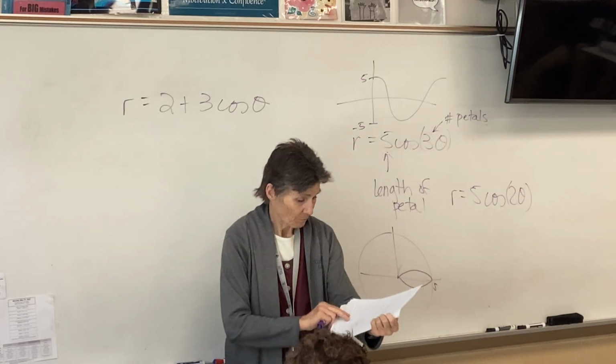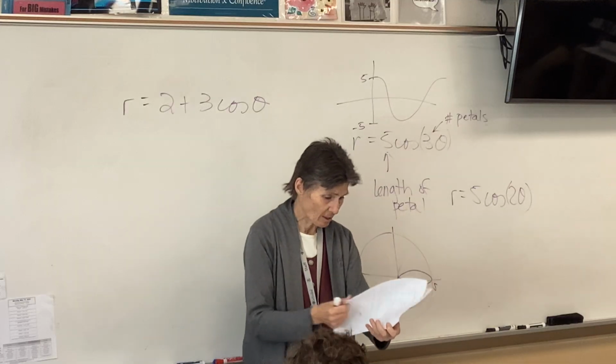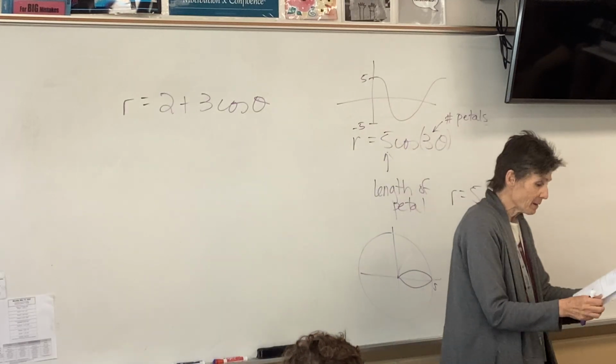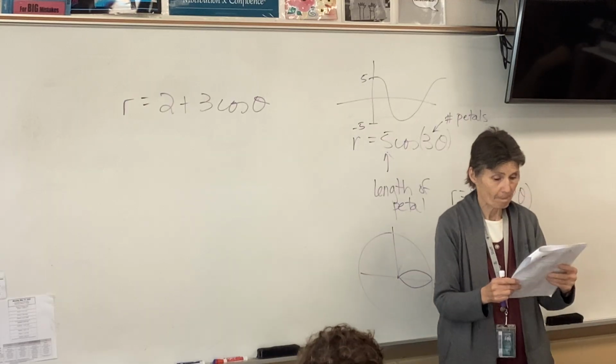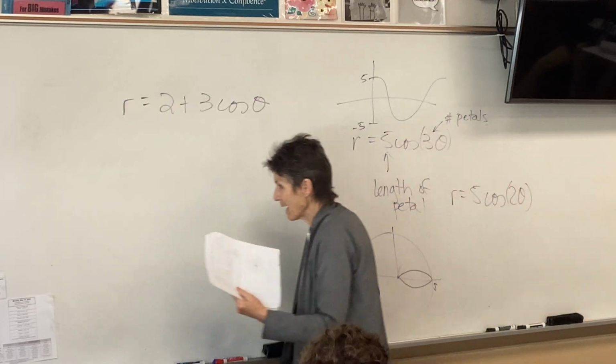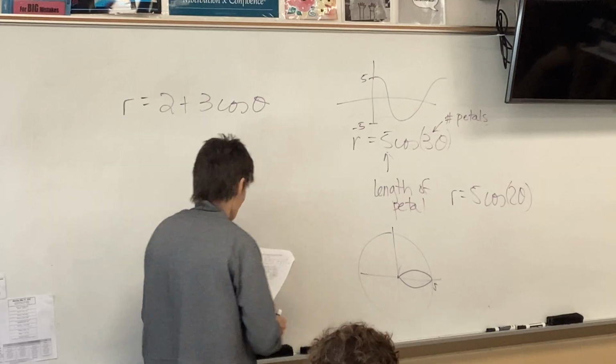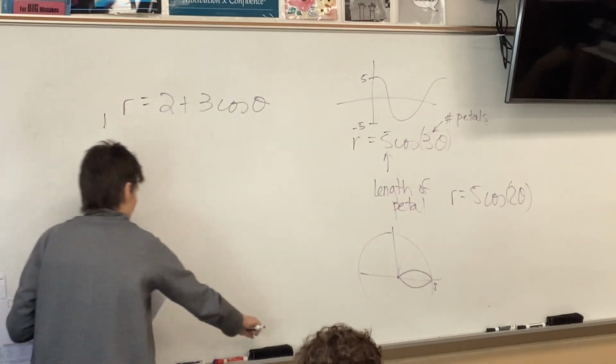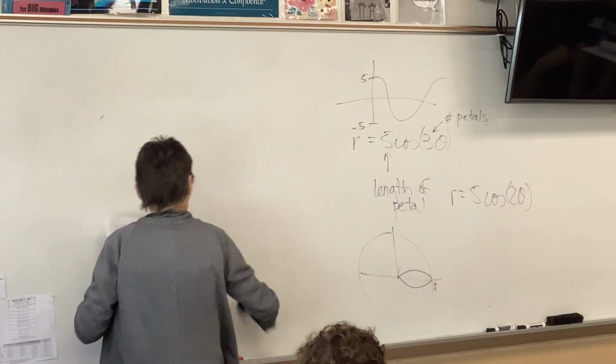All right, so we need to do a couple more things in our notes. While we're here, let's go to the back of page 8. We are going to sketch without a calculator.